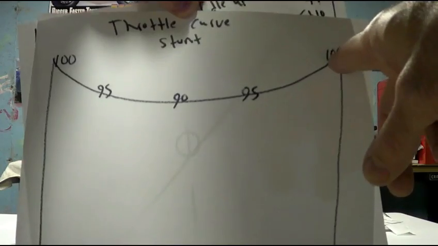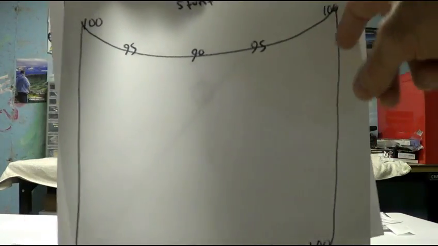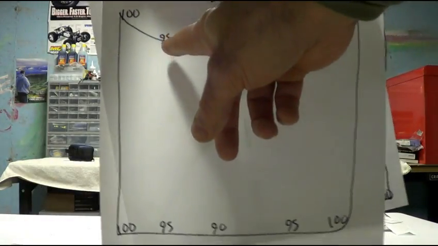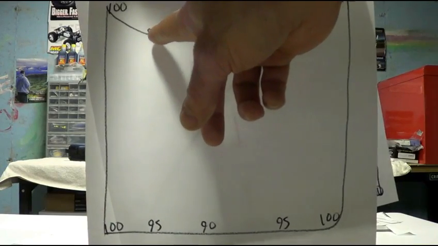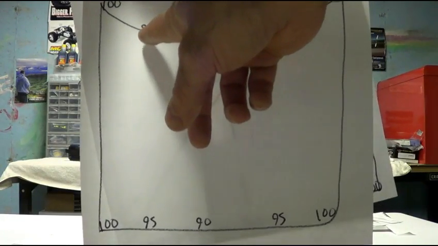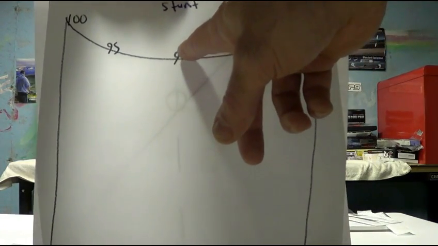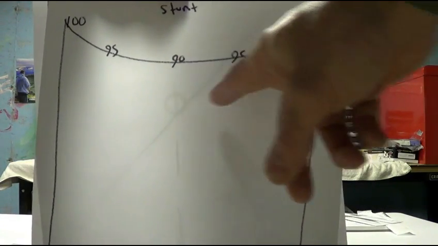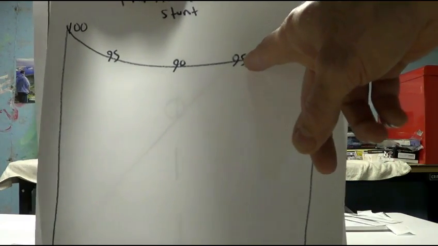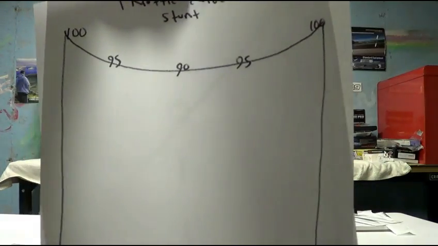You have 100% power at full stick. Okay, at a quarter stick, which would normally be 25, position 2, I'm running 95% power. At mid stick, I'm running 90% power. At 3/4 throttle, it's 95.